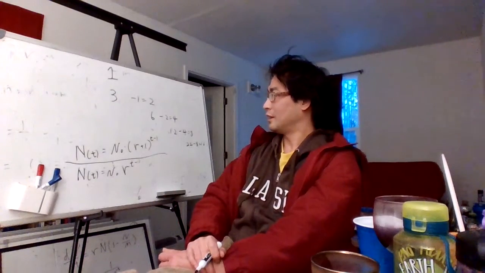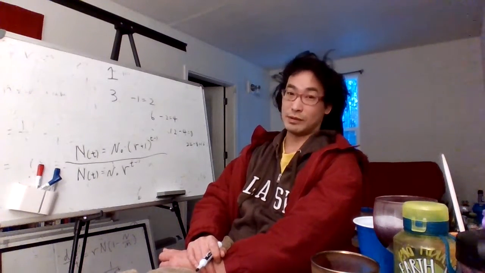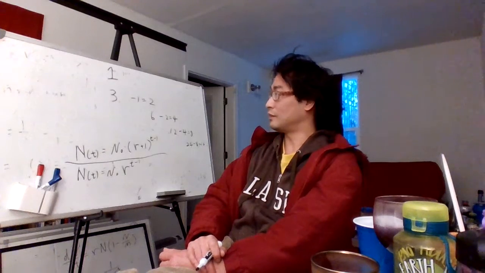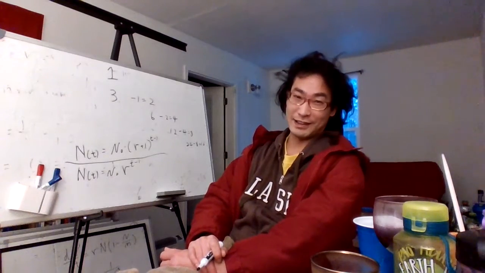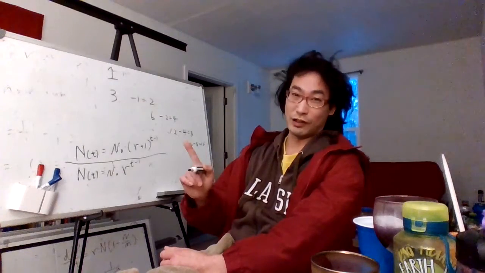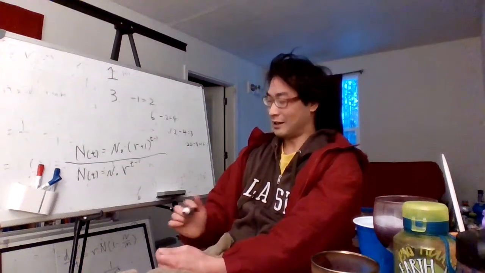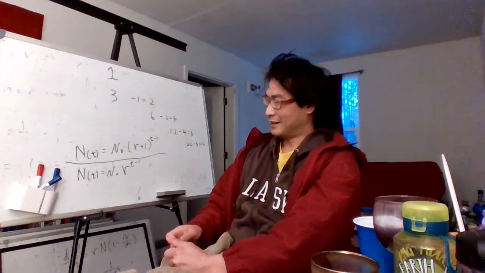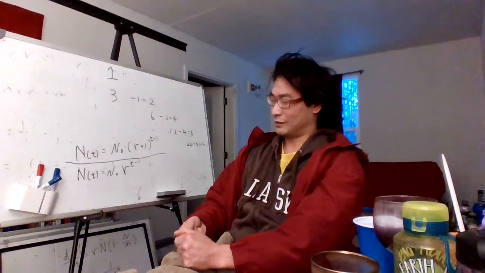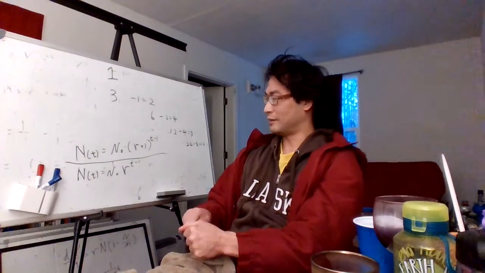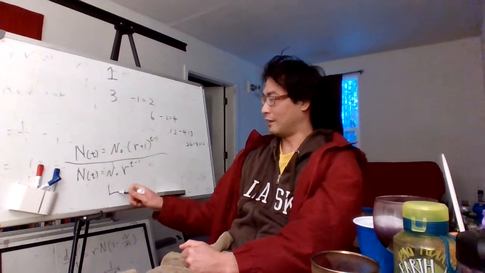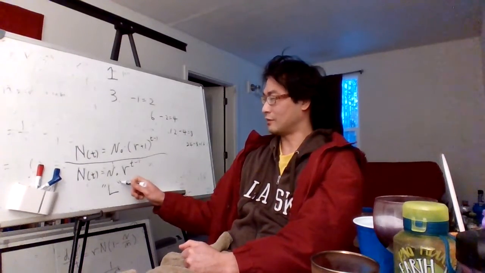We have to make some different examples. What if this mayfly does not live just 1 year, but 2 years? We have to think about that. So this lifespan L, as a constant.